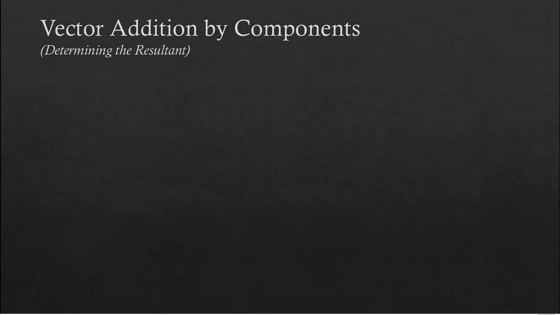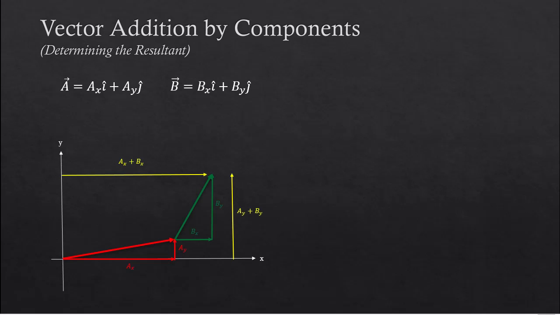Vector addition by components: determining the resultant. Let's say we have a vector A with two components, ax and ay, and B with two components, bx and by. You first draw the A vector with components ax and ay. If you want to add A and B, you put the tail of the B vector at the tip of the A vector and draw the B vector with components bx and by.